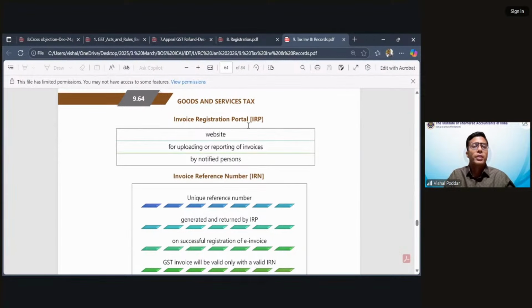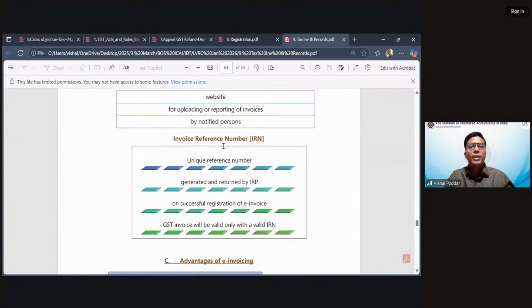Now, there is a separate website for this e-invoice generation, which is called the Invoice Registration Portal or IRP. On this portal, you will be uploading the details of your invoices, and the portal will register them. They will internally verify whether the same invoice was earlier reported or the same invoice number is used twice, etc. If everything is found correct, the portal will register the details that you have uploaded.